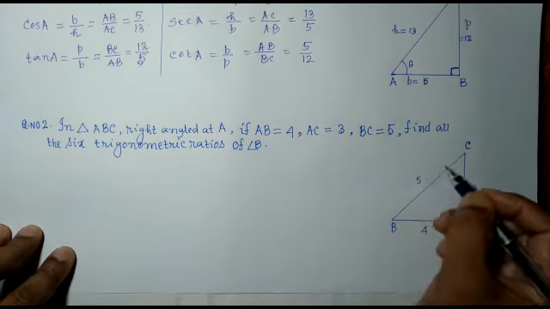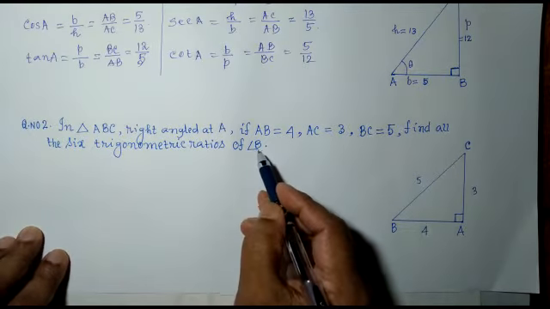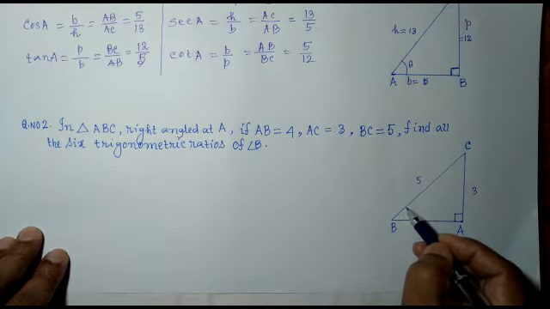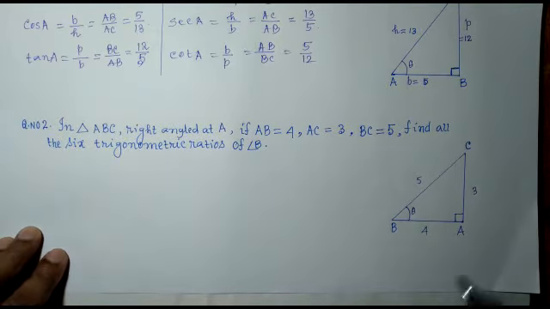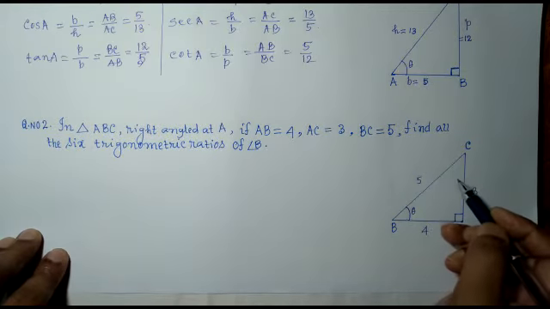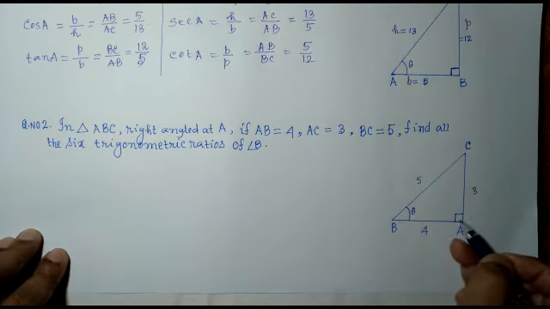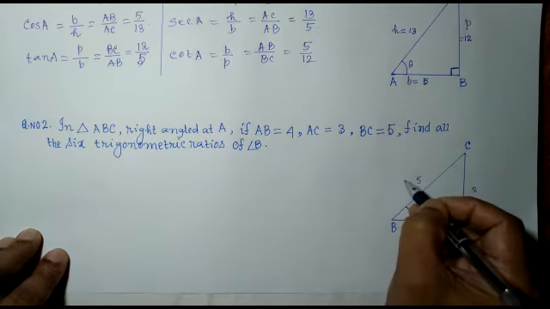And now we have to find all the 6 trigonometric ratios of angle B. With reference to angle B, we can mark this angle B, and for help we can write here theta also. And now first thing, you have to know the names of the 3 sides correctly. From right angle, the opposite side, this BC is the hypotenuse.